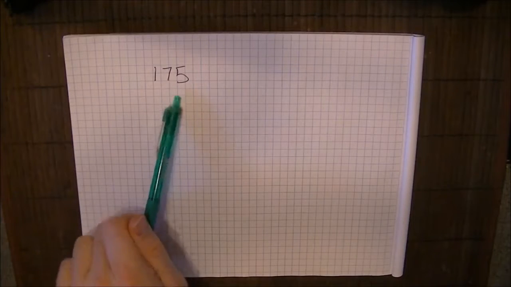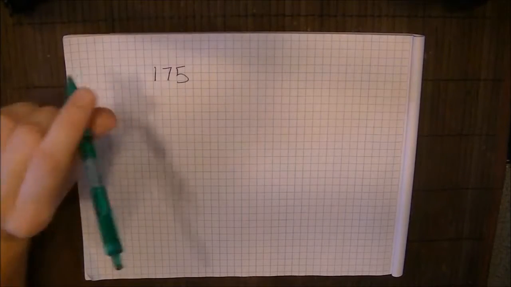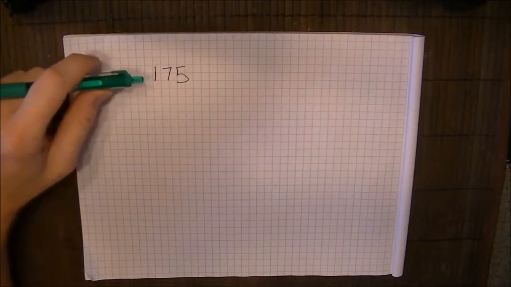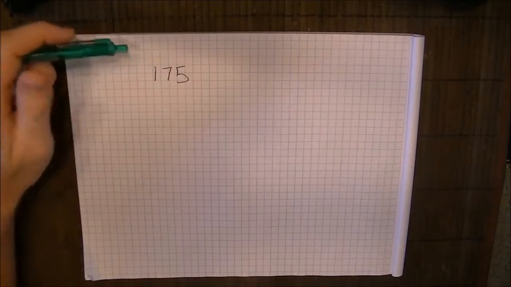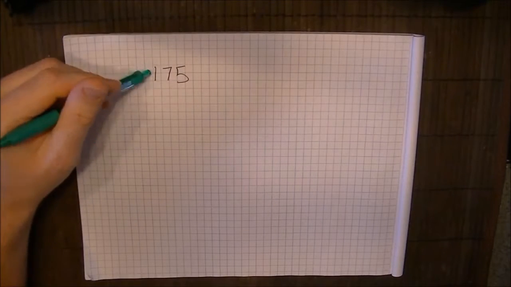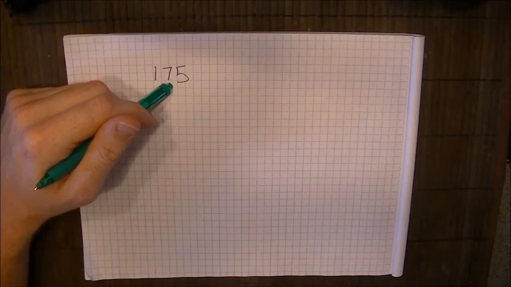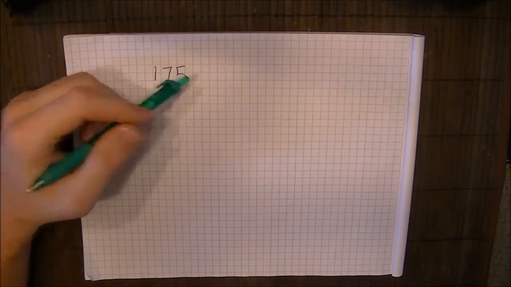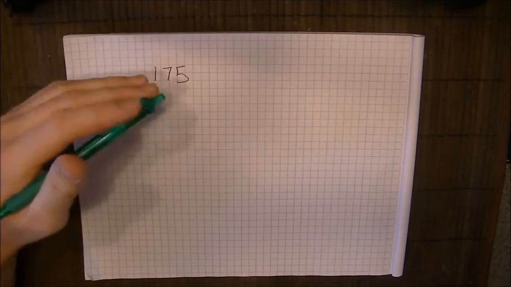175. Now, I know that this number is composite because if a number ends in a 5, then 5 itself will be a factor of that number. I know that 2 doesn't go into this number because it's not even. And I know that 3 doesn't go into this number because if I add up the digits, 1 plus 7 is 8, plus 5 is 13. 3 doesn't go into 13.